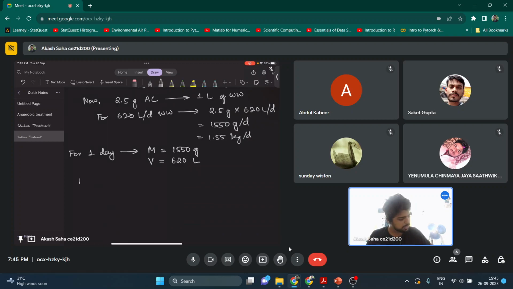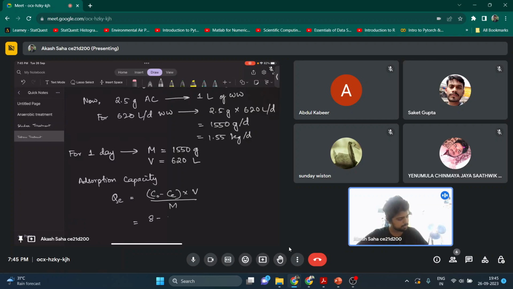Now finally the adsorption capacity, that is the solid phase concentration in the adsorbent. So adsorption capacity Qe will be equal to, I will write the formula for you, C naught minus Ce times V by M. Very simple.